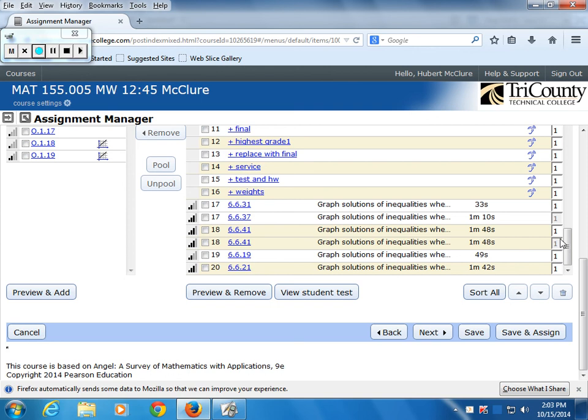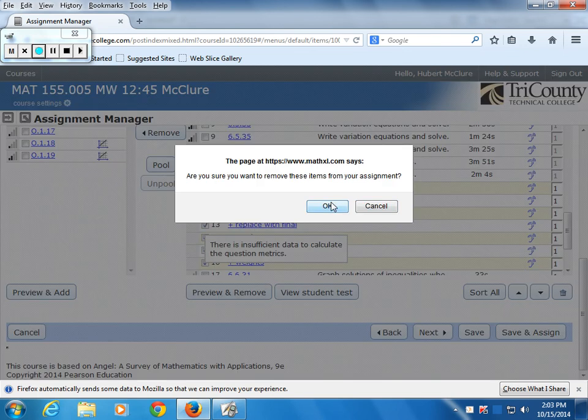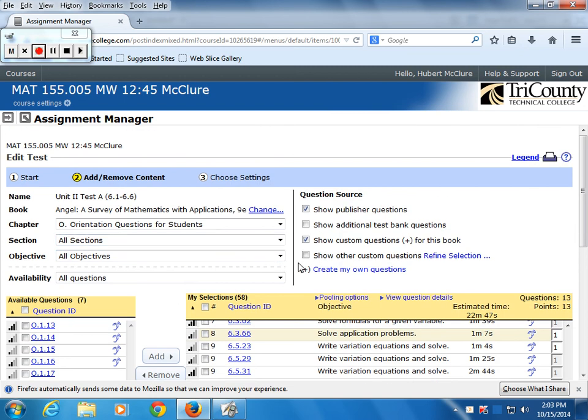Take those off and put new ones in their place. 6.6, 6.5. There aren't enough questions on there. We need to put some more questions on there. All right, show custom questions. There they are.